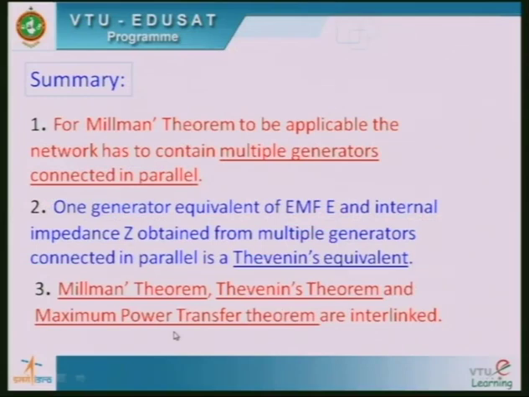And when you have Thevenin's equivalent, you know what load needs to be connected so that the maximum power can be transferred. That's why the statement is telling you that these theorems are interlinked. Get that point?